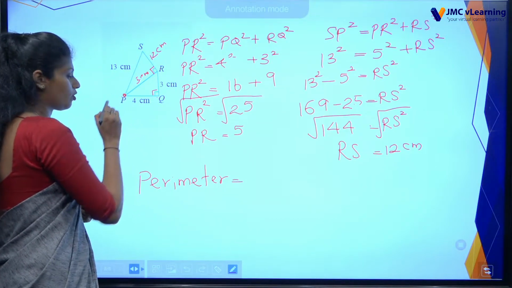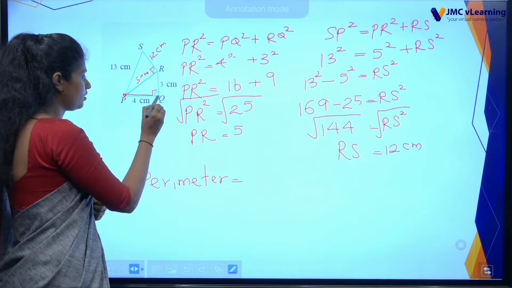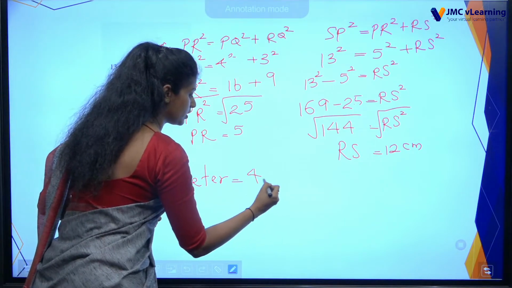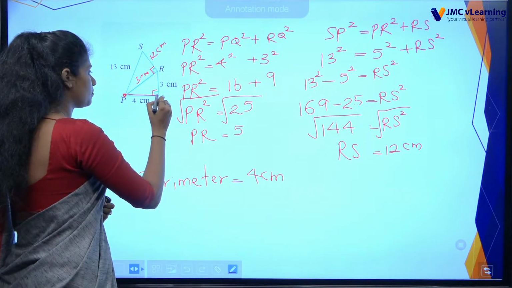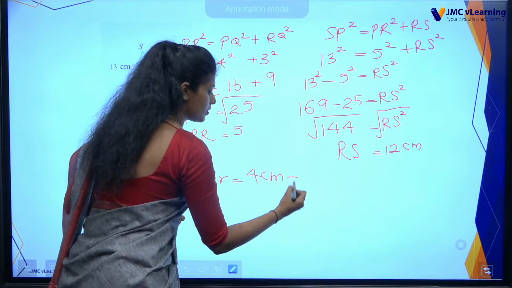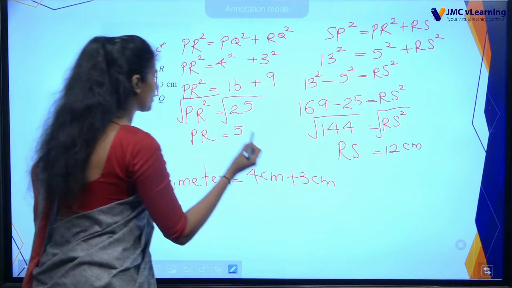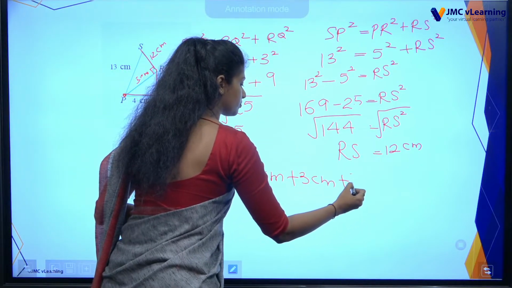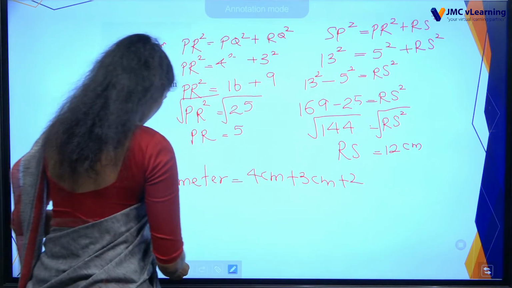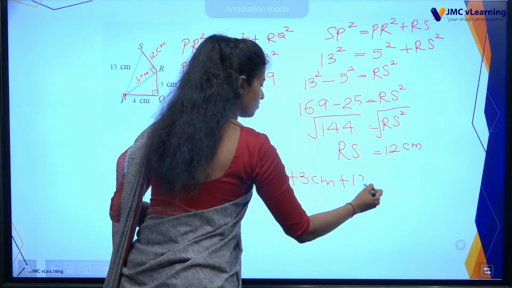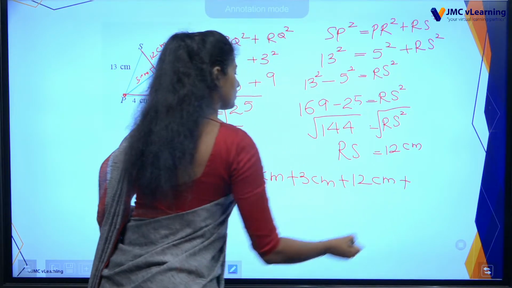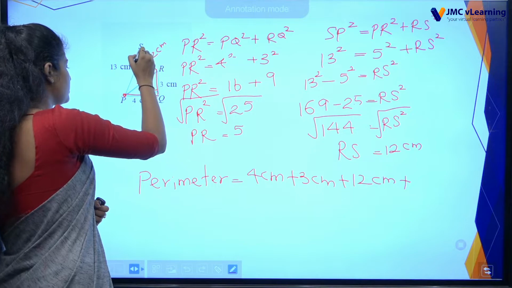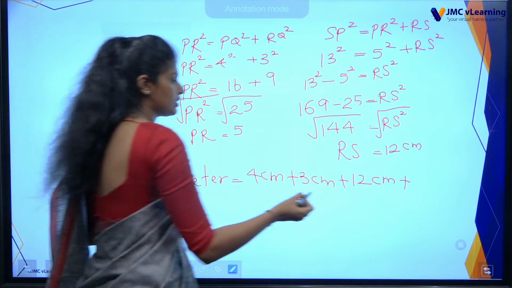We will start from P, PQ 4 centimeter, QR 3 centimeter, RS 12 centimeter, then SP 13 centimeter.